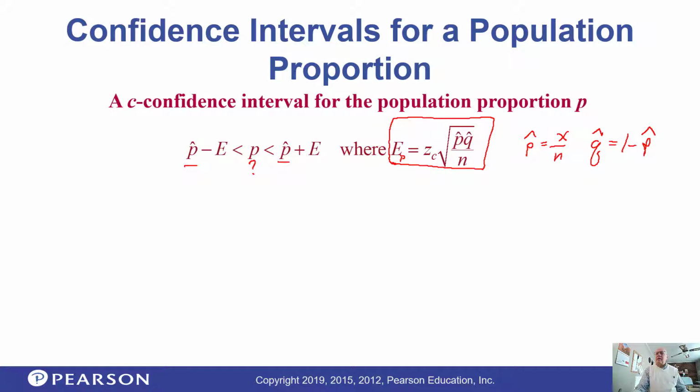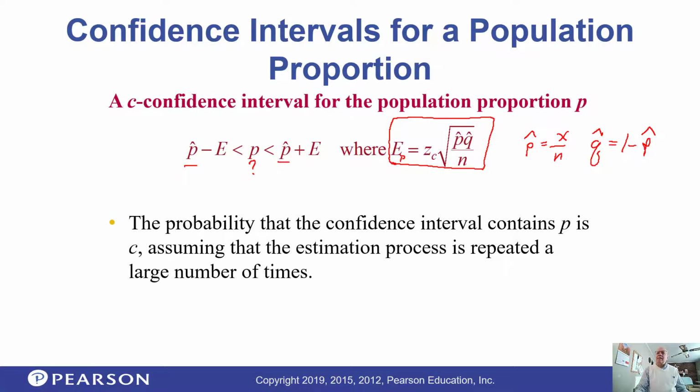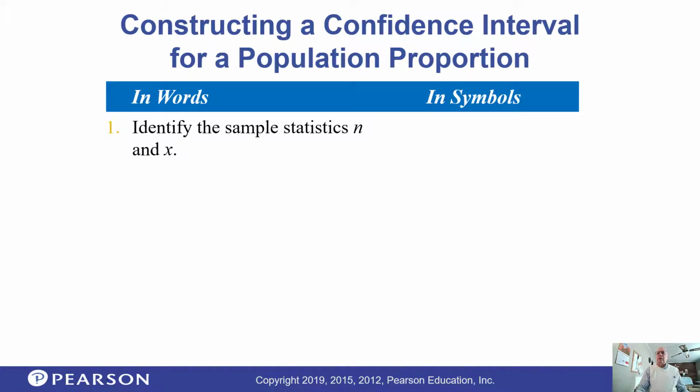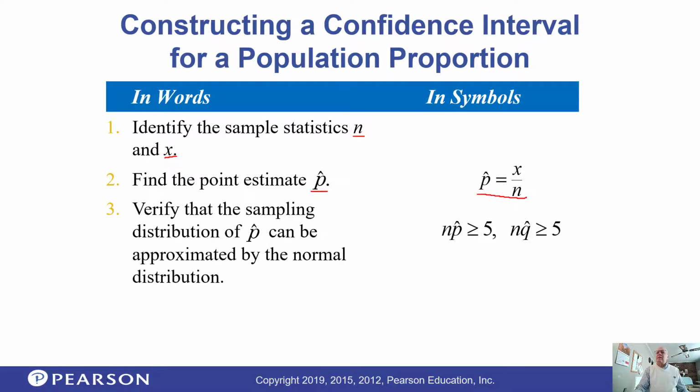Very simple. n is your sample size. Very easy calculating. Put that in those two places. Remember that c is in the center of your confidence interval. So find the sample statistics and n x. Get the point estimate. Also very simple.